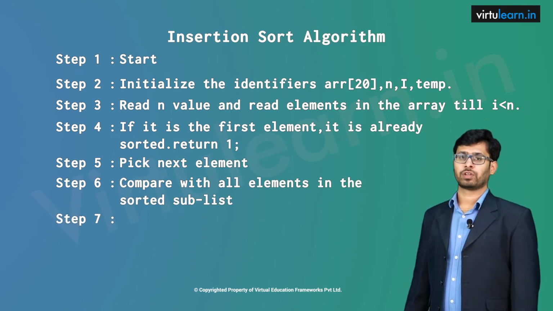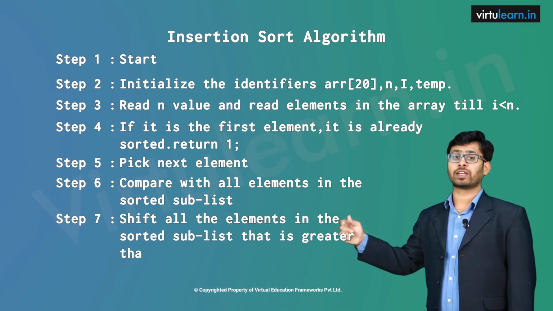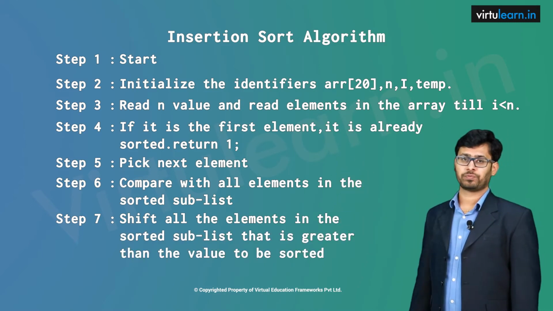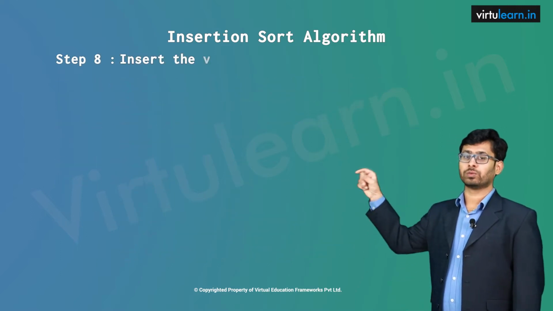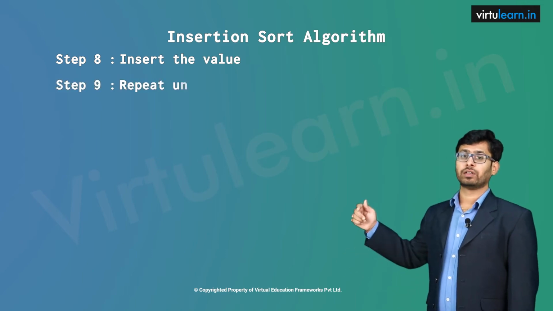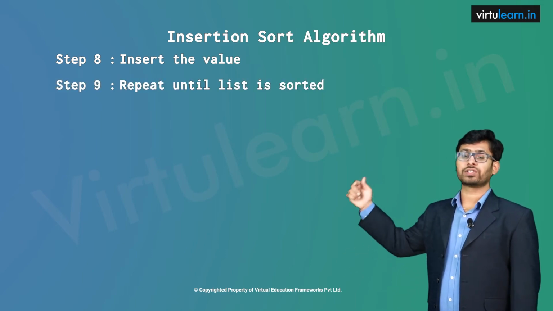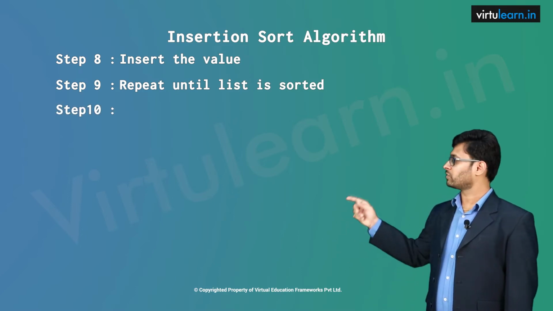Step 7, shift all the elements in the sorted sublist that are greater than the value to be sorted. Step 8, insert the value in the given location. Step 9, repeat the steps until the list is sorted. The last step is stop.